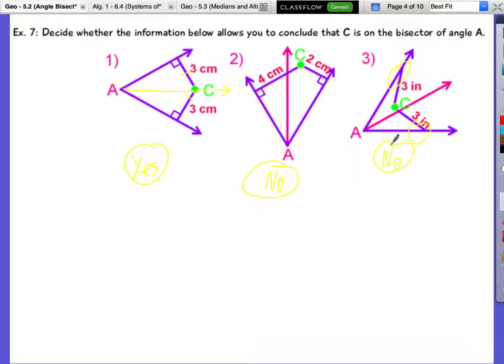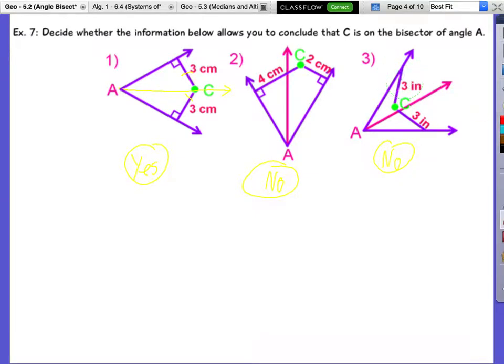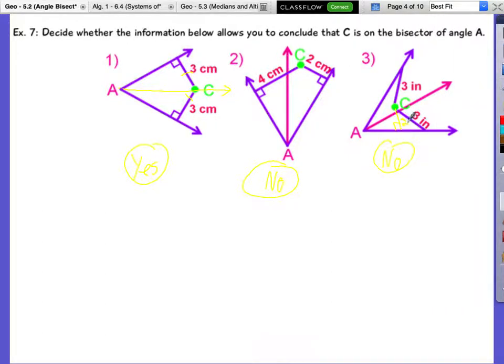Now, I had this brought up before in a different class, where they said, but you can tell this point is off the bisector. So I had the question raised, what if we were actually told it's perpendicular to this side with a length of 2, and perpendicular to this side, and let's just say that's a length of 2?